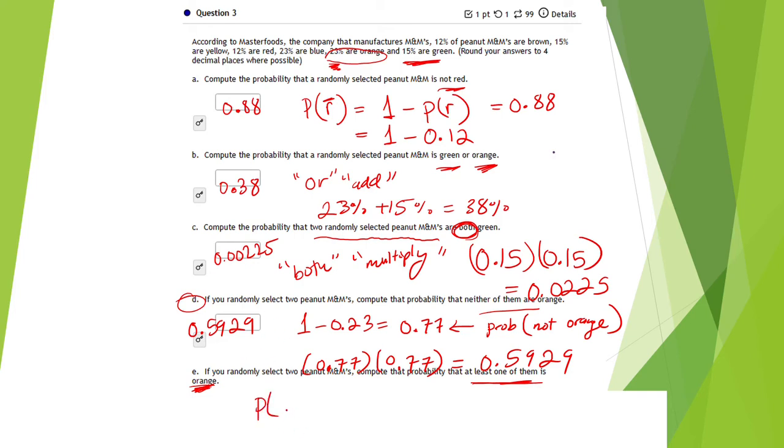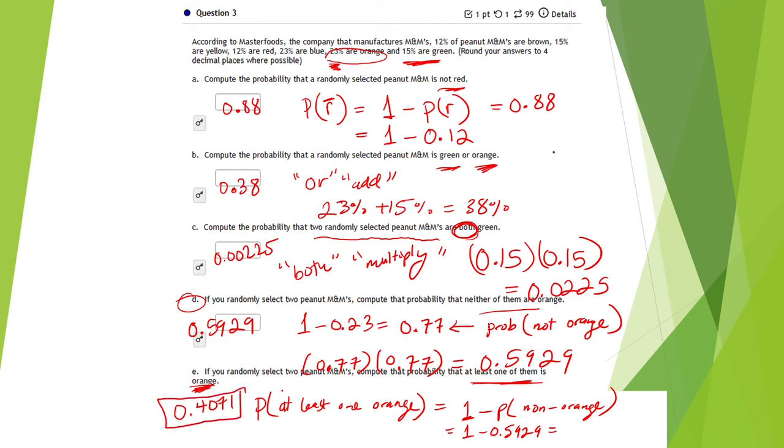The probability of at least one orange is equal to 1 minus the probability of none being orange. And the probability of none of them being orange is given in part D. That's 0.5929. So I can use 1 minus 0.5929, and this gives us our number. And so our probability is 0.4071.